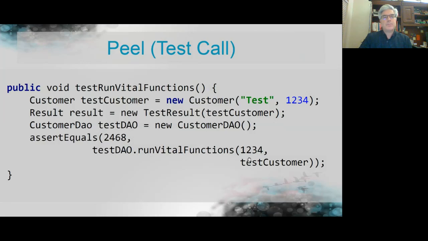Actually, we'll have to pass the result. I'm sorry, my slide is wrong. I need to pass that result into the run vital functions method and make sure that it returns the result that I expect.